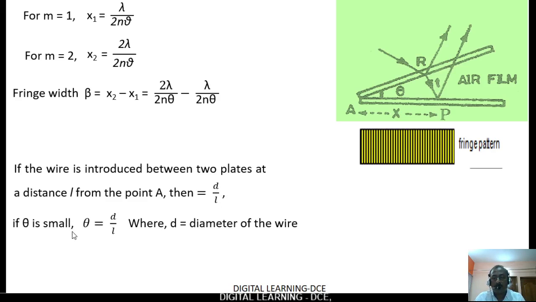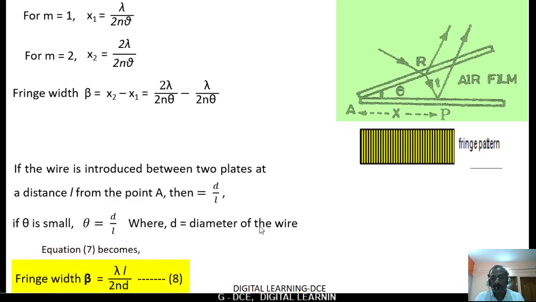If theta is small, theta equals d by L, where d is the thickness or diameter of the wire used and L is the length of the wedge. Therefore, from equation 7, fringe width beta equals lambda L by 2nd. Let it be equation 8.